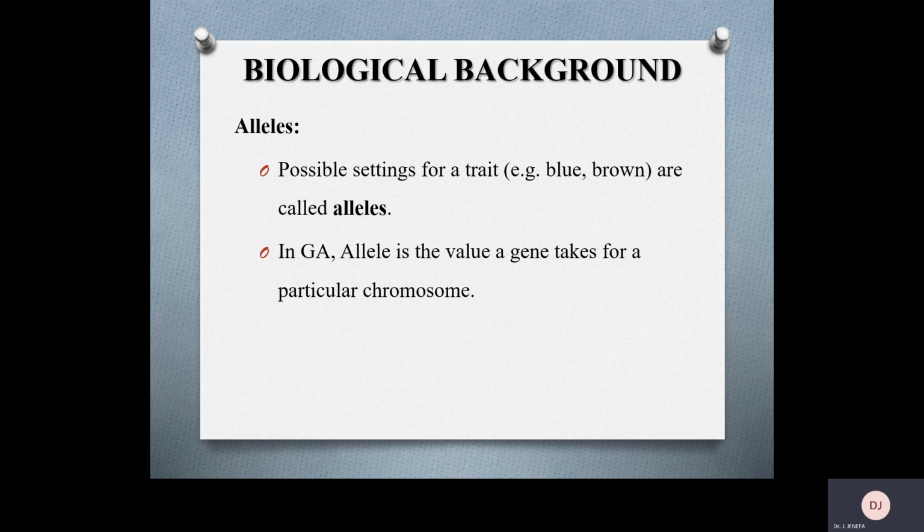Next one is alleles. Alleles are generally possible settings for a trait. In genetic algorithm, alleles are the values a gene takes for a particular chromosome.